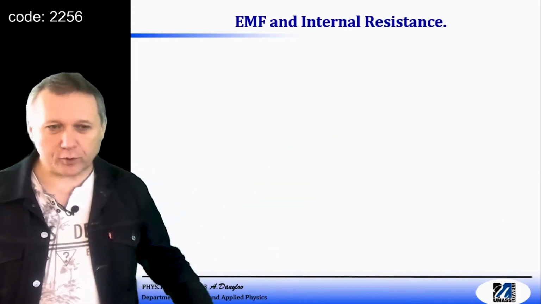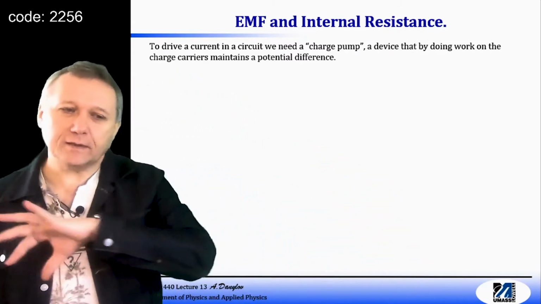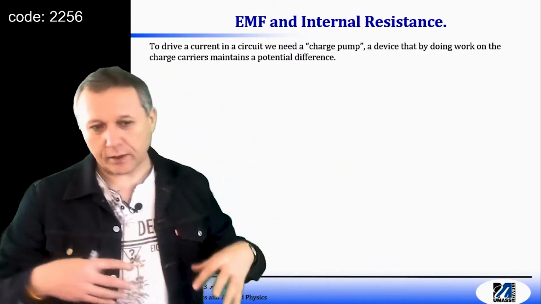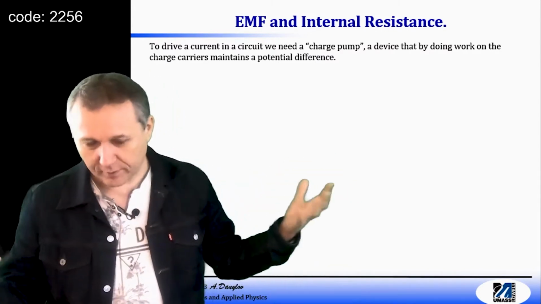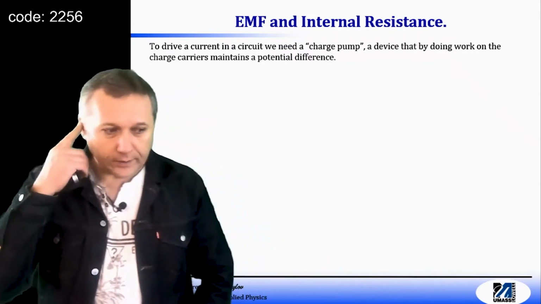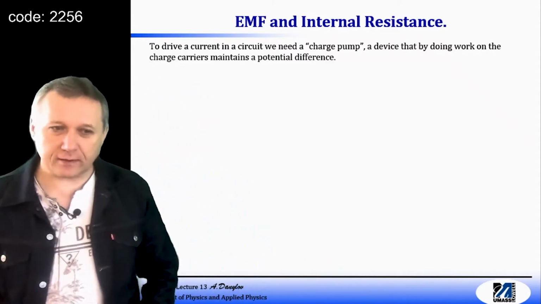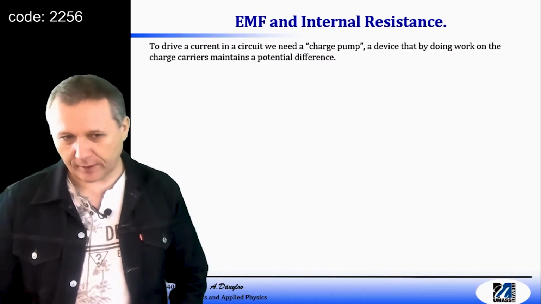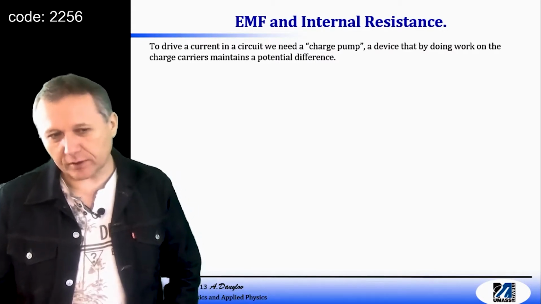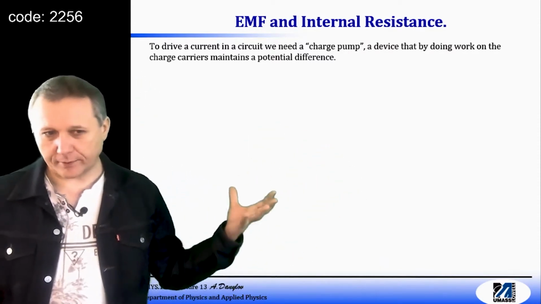Of course, you all know that we need a battery to create a potential difference and drive a current, or currents, through a circuit if you have multi-loops. All right, so let's look at a gravitational analog of a battery in order to see what might be missing in the way we model the work of a battery.